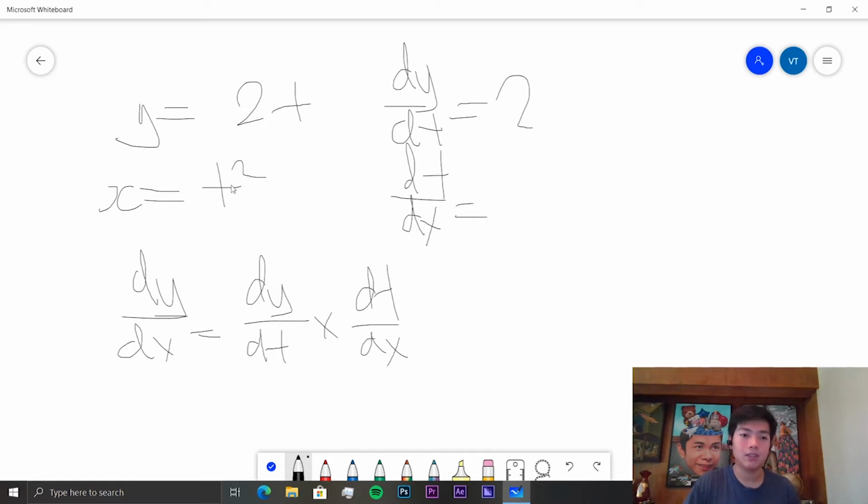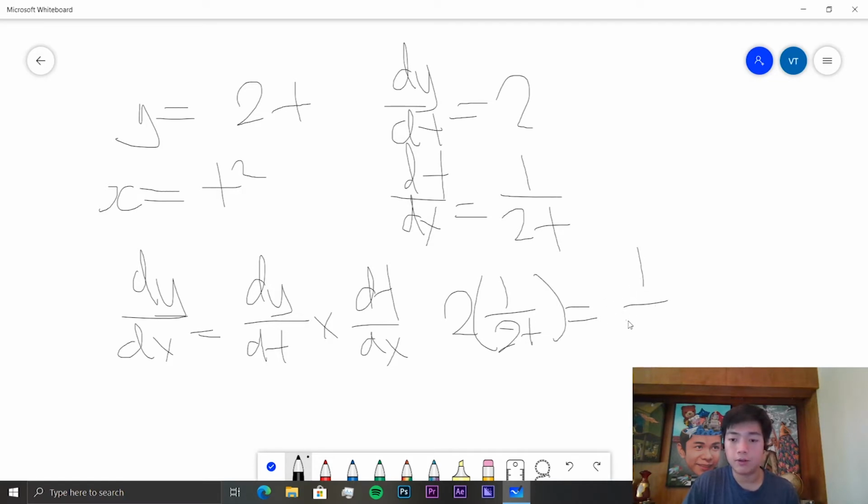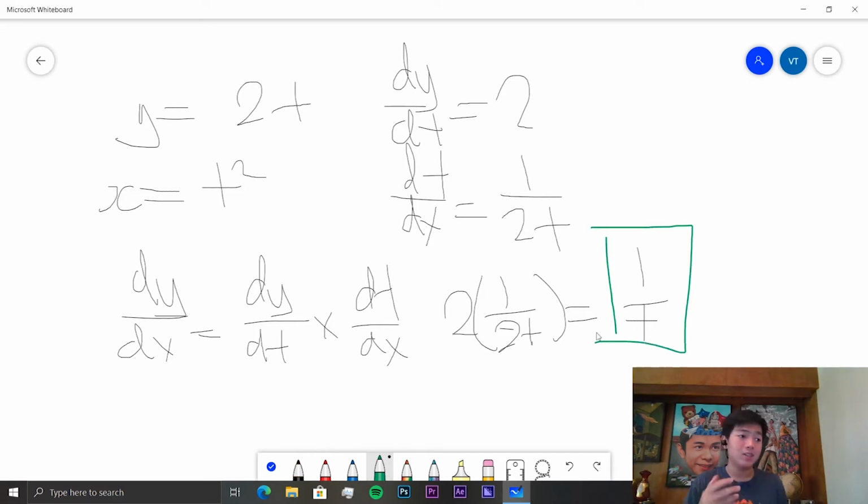So we can get dx over dt and then divide it. That would be 2t, so this would be 1 over 2t. So dy over dx would be 2 times 1 over 2t, which is equal to 1 over t. So dy over dx is 1 over t, expressed not in terms of x, but in terms of t. If we wanted to, we could then substitute x into there and get it in terms of x.